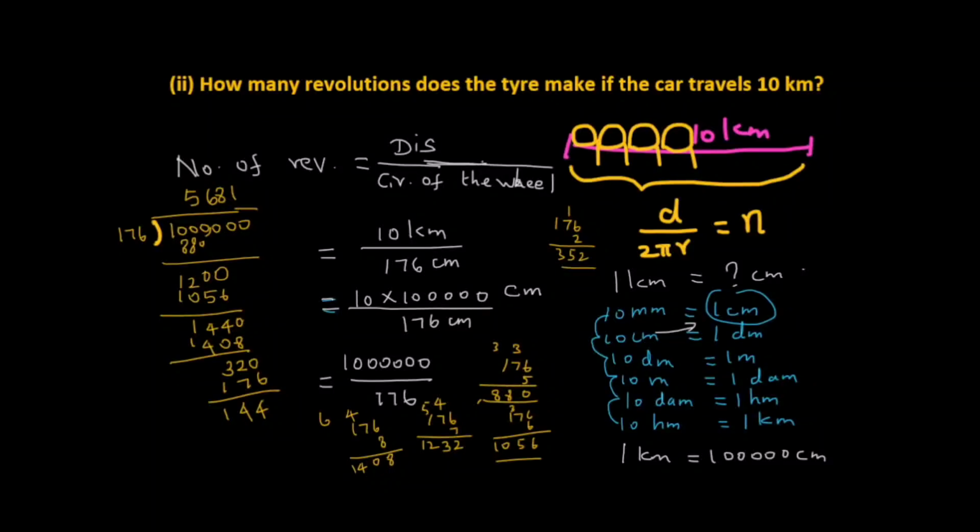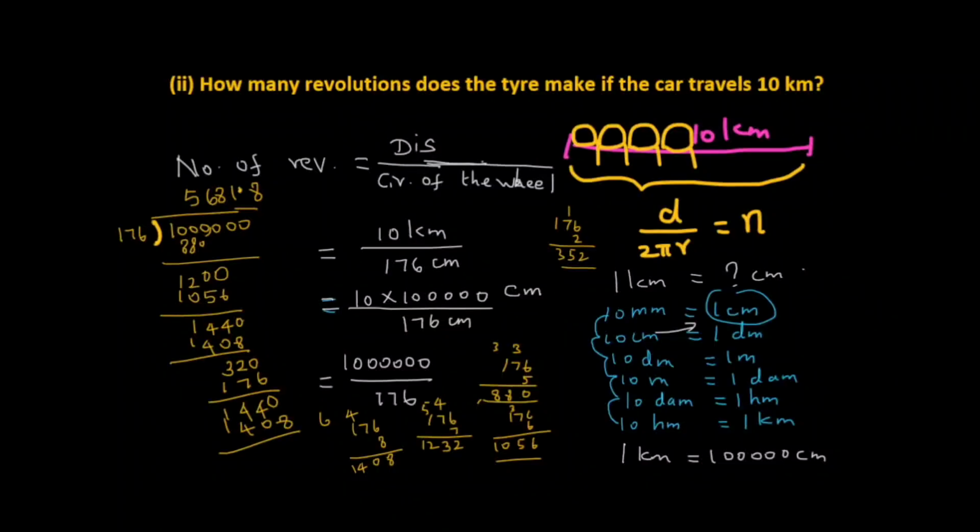Now 144, we are not getting a whole number of revolutions, so approximately we can calculate. So keep a dot and 0. Already we have 1440. How many times here? 1408, 8 times. Enough. Then again we have some more digits.